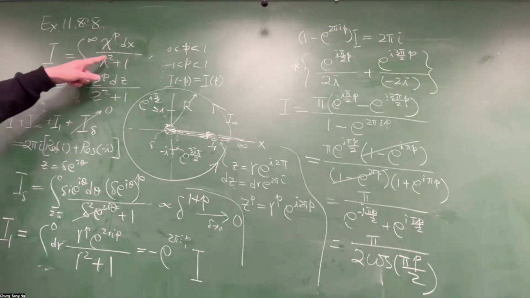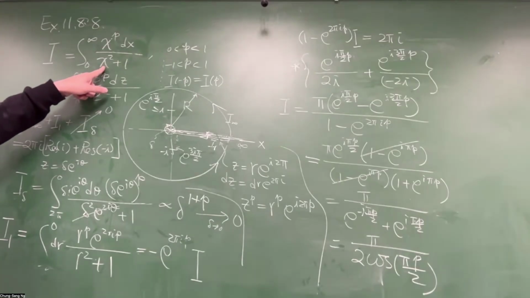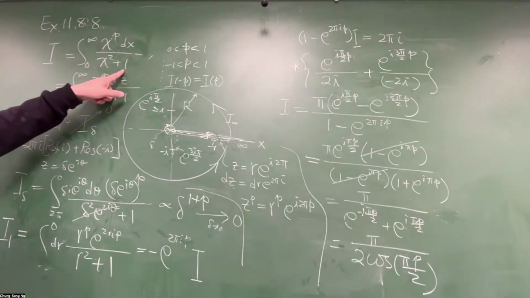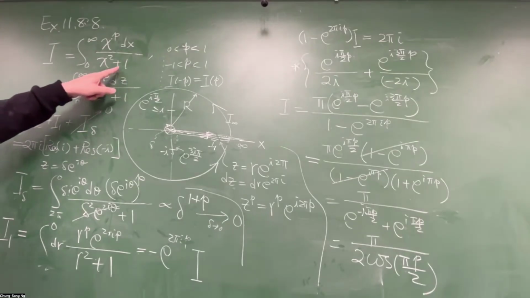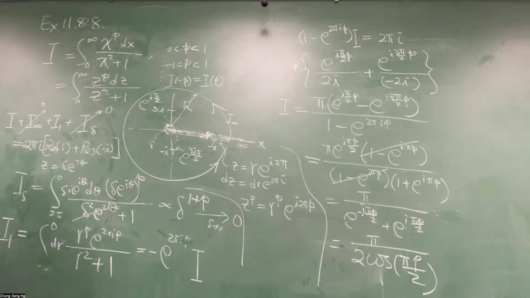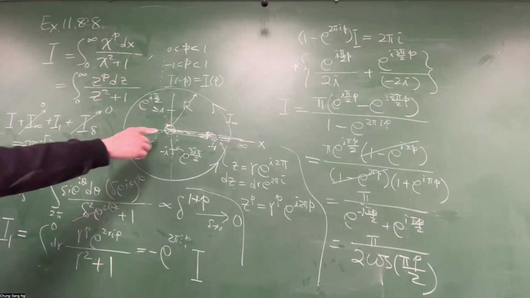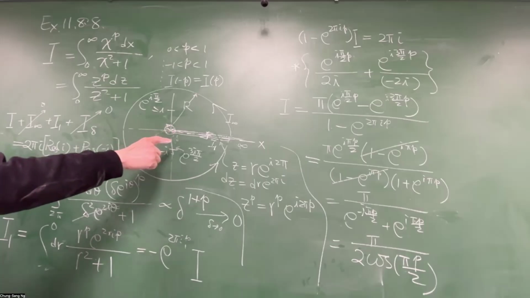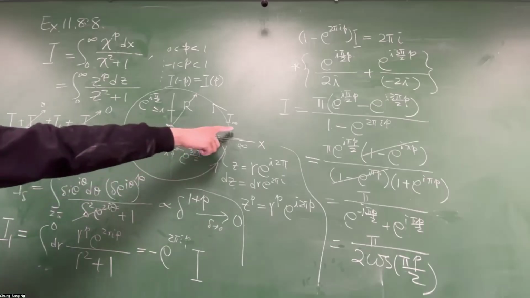Because the denominator is 0 at i and minus i, you have x squared plus 1, right? Plus i times x minus i. This loop, this little loop. This one, I infinity.